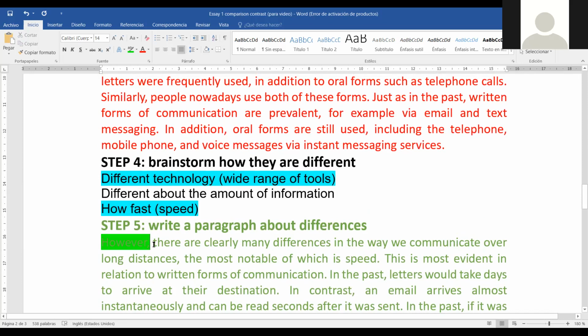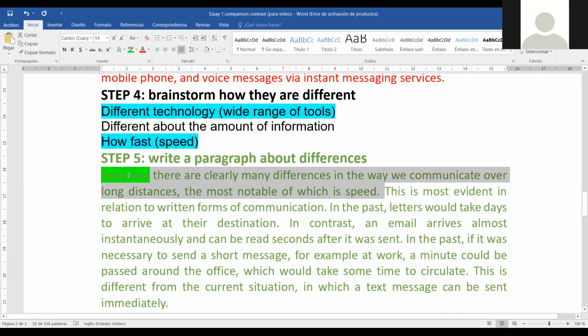You see, with this word however, I'm saying that I'm going to talk about something that is opposite. Second, if you read the complete first sentence, it introduces the topic because I'm going to talk about the speed.